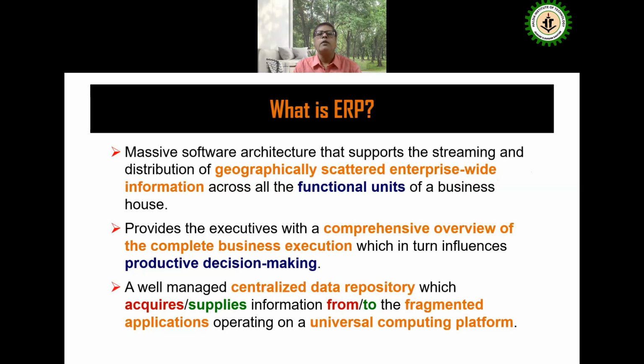What do we mean by geographically scattered enterprise wide information? Let us say that some organization in India is concerned with only manufacturing the product.